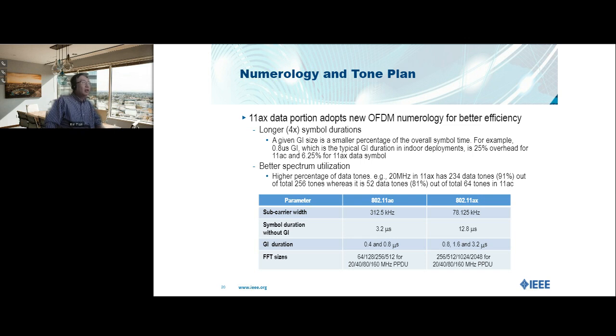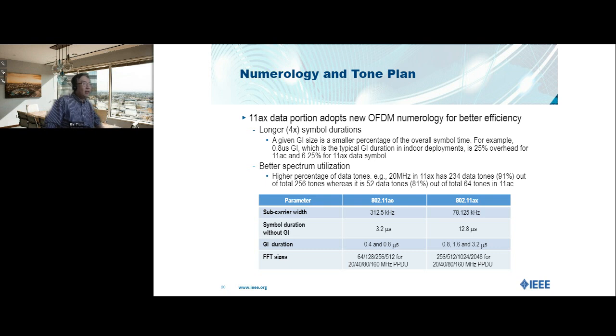For example, in 20 megahertz, 11ax has 234 data tones, which is 95% of the total 256 FFT tones, whereas in 11ac you have 52 data tones out of a total of 64 tones, which is 81%.